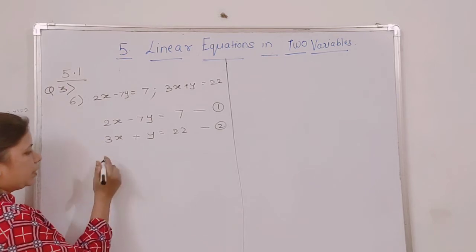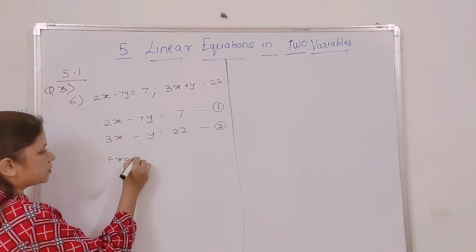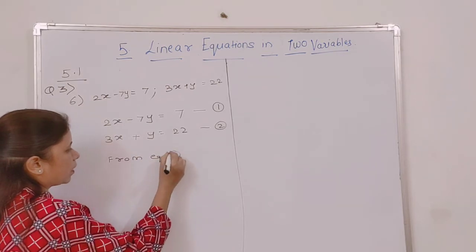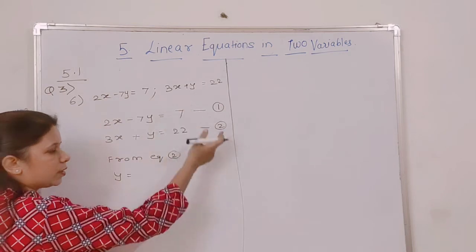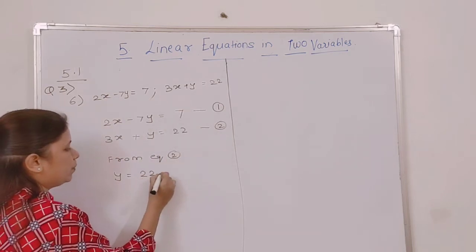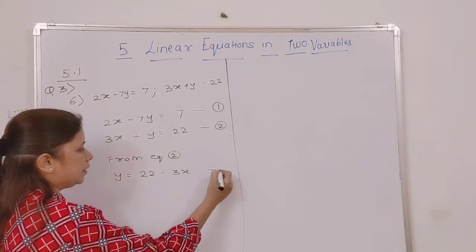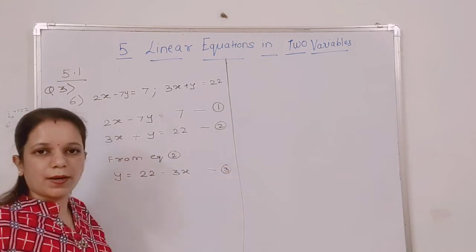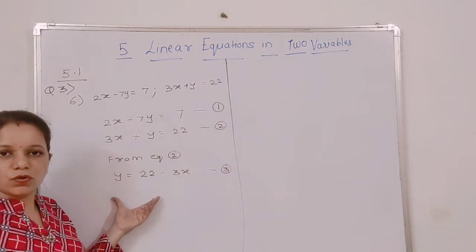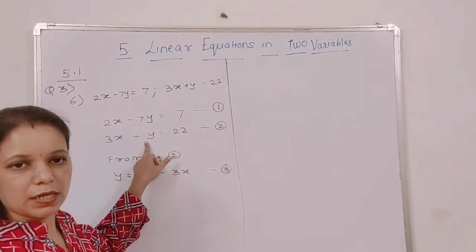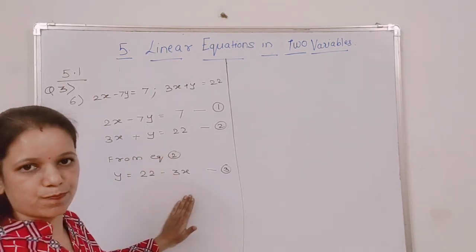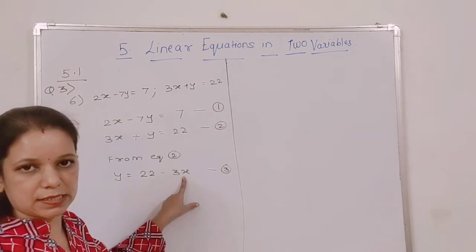Y from equation 2. Y equal to 22 minus 3x, as this 3x will go on the other side. And this is my equation number 3. So we have calculated the value of y from the given equation in terms of x.